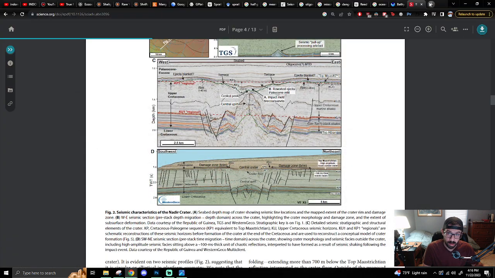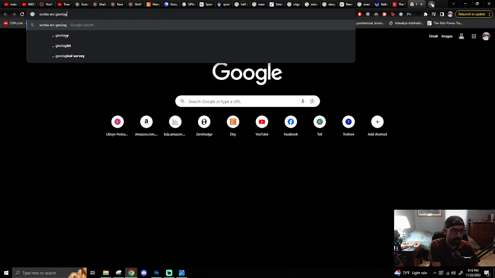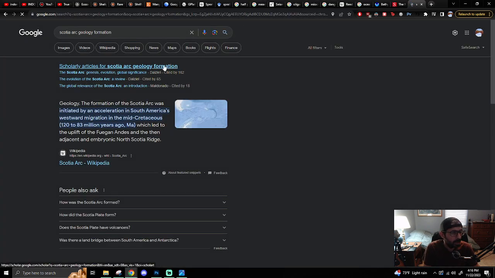Let's see when the Scotia arc formed. 120 to 83 million. So like a pressure buildup, which then led to dikes, which was relieved, I guess, by the acceleration in South America's westward propagation in the mid-Cretaceous and the formation of the Scotia arc.